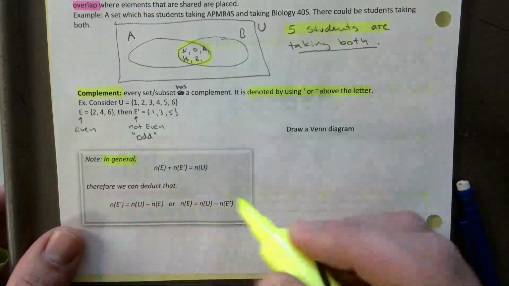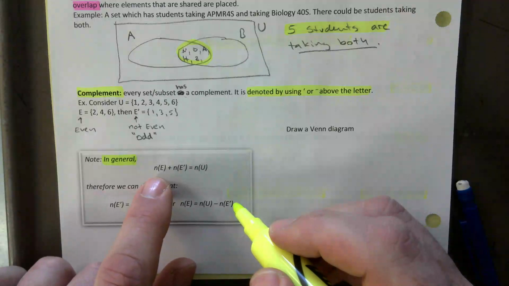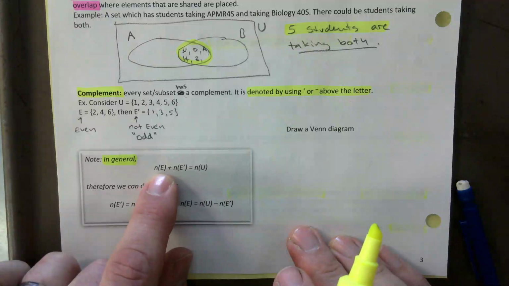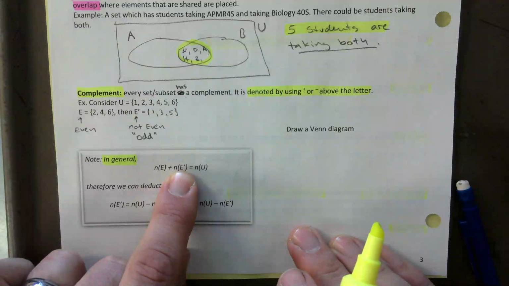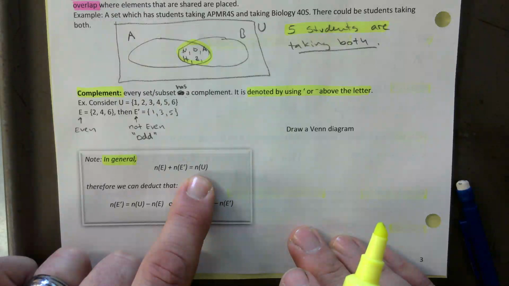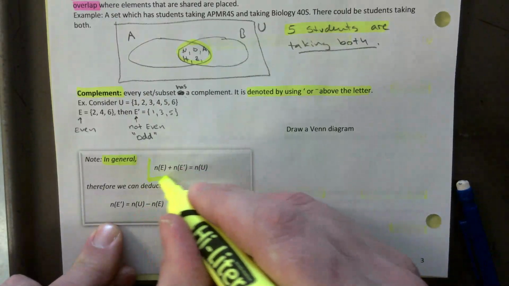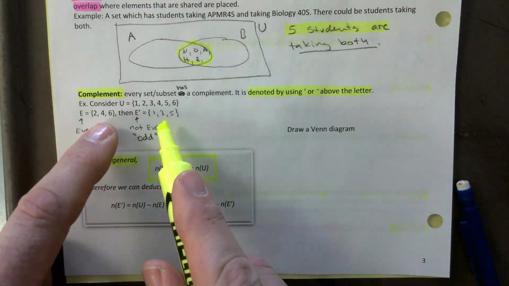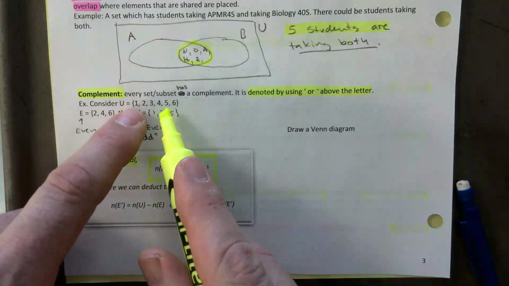In general, if you take the number of elements in E, it could be any letter, guys, right? And you take everything that's not in E, you get the universal set there. I hope this makes sense. If you think about it, if we were to combine these two that I've just created, you get your universal back.